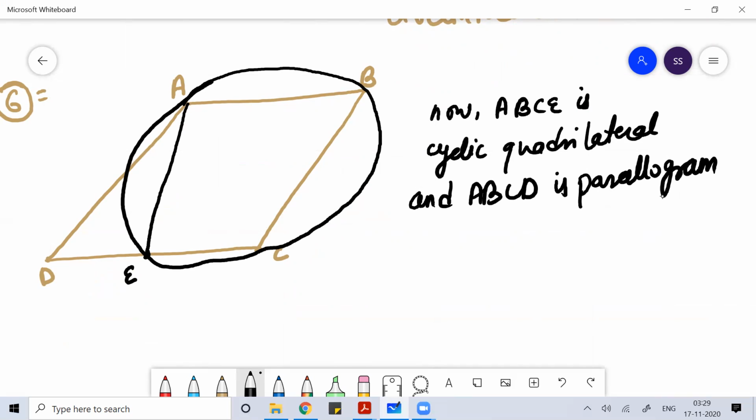So now this angle, if this is x, then this would be x because opposite angles of a parallelogram are equal. And if this is x, then this would be 180 minus x.